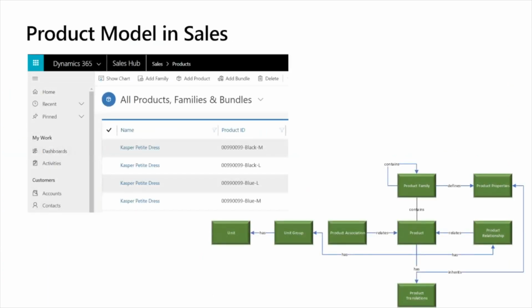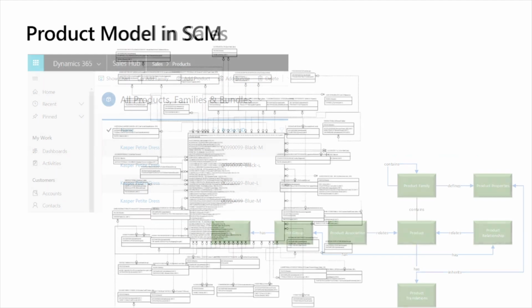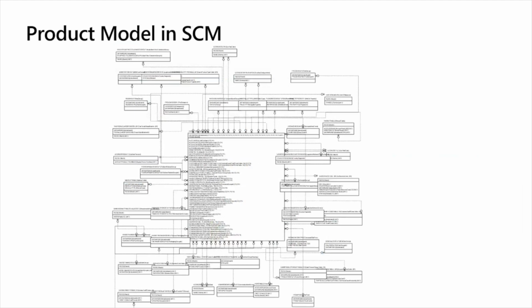From a product maintenance perspective, this is a view of the product model in sales. It's relatively simple, and that's really because it's focusing on what it needs to do from a sales perspective. As we get into finance and operations, or the supply chain management capability, we see a lot of complexity introduced. Now, if you can't read this, that's okay.